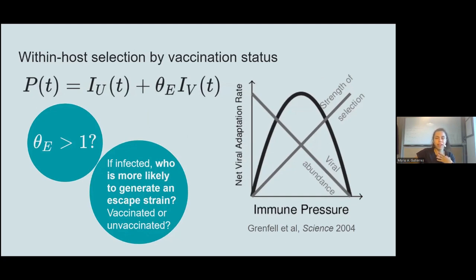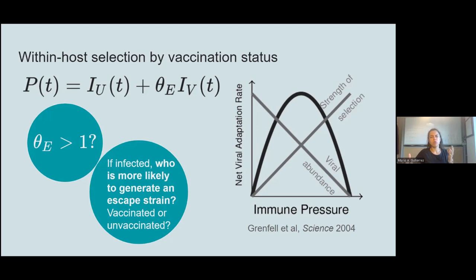And a question that I like to ask people when I explain my research is whether they expect vaccinated individuals to contribute more to selection towards vaccine escape than unvaccinated individuals. Suppose you have two individuals and they both get infected, one is unvaccinated and the other is vaccinated.